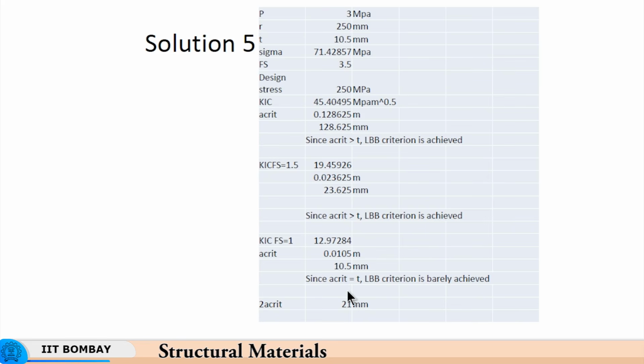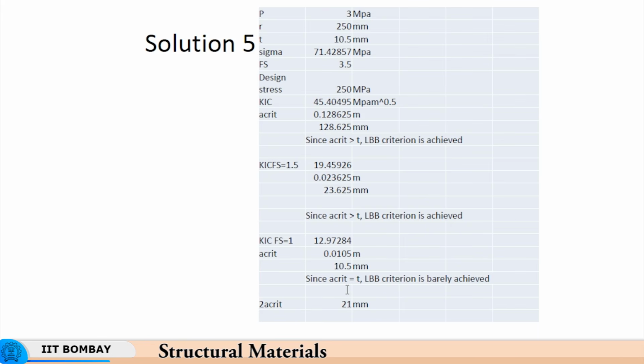Now if you take a factor of safety on K1C itself as 1.5, let's say K1C given is 45.4, but if you assume that K1C itself is relatively smaller than what it actually is, then you will get the A critical as 23.65 millimeters.